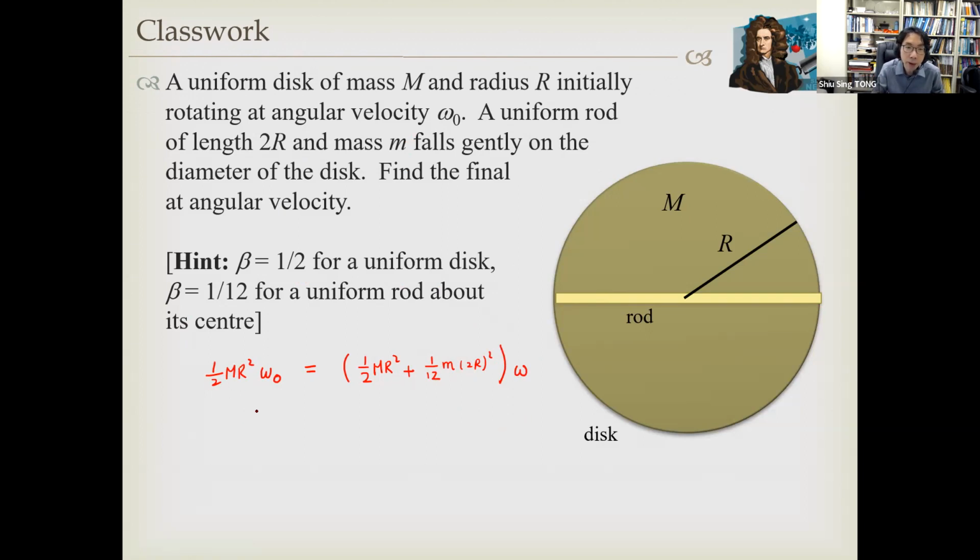Now how do I handle this? I cancel half mr squared on both sides. Effectively, I take out a factor of half mr squared, and I'm left with 2 of this. The r squared will be gone. And then I have small m multiplied by 4. The r squared will be gone. I divide the whole thing by half mr squared.